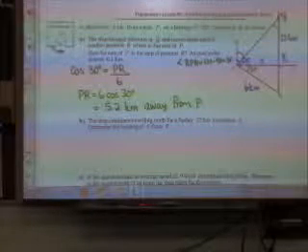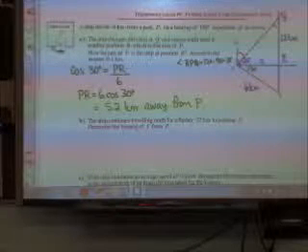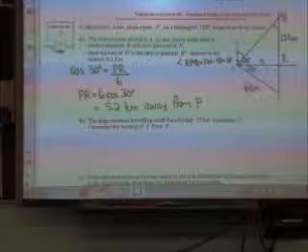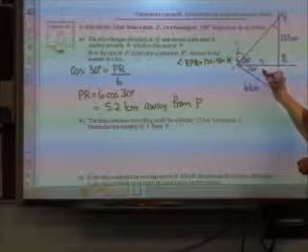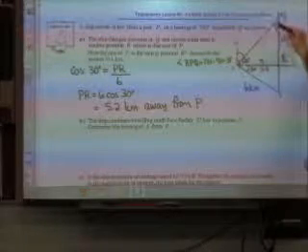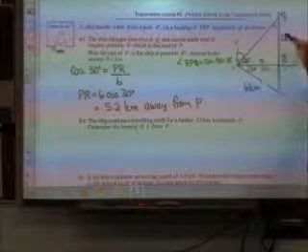So if I calculate angle PSR, I would then be able to determine the bearing. I have this measurement already. I have the 5.2 from the previous question. So what trig function would I use with the 5.2 and the 12?